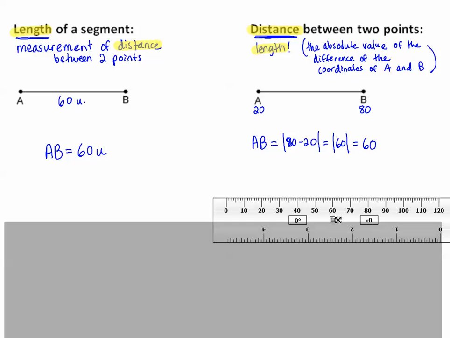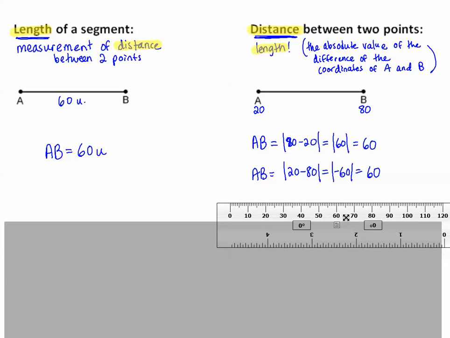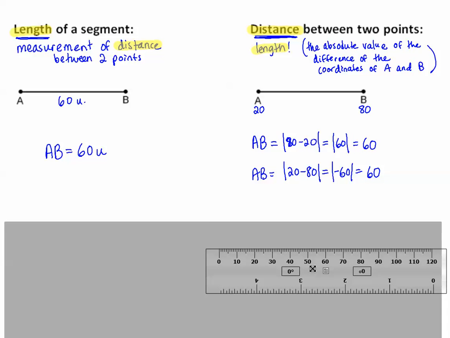Now, if I did it the other way, AB equals absolute value of 20 minus 80, then I need them because I get negative 60 and absolute value will make it positive 60. Either way, I'm finding the distance is positive 60, which was the same as the length. The length is 60 units, so the distance between points A and B is still 60 units.